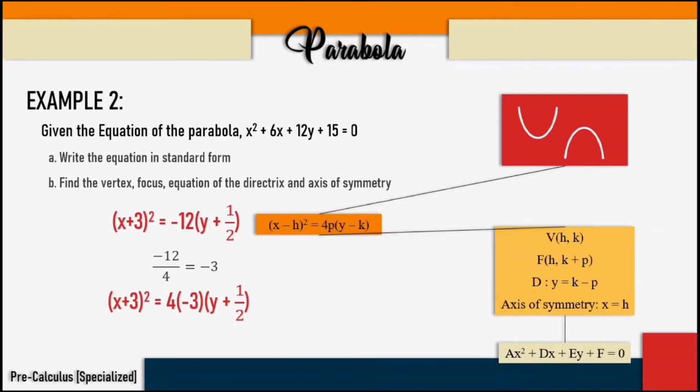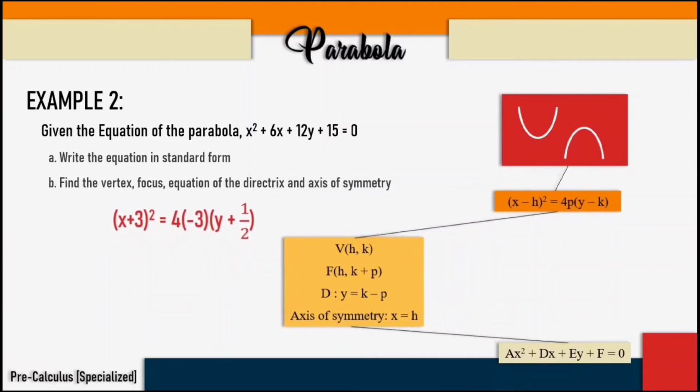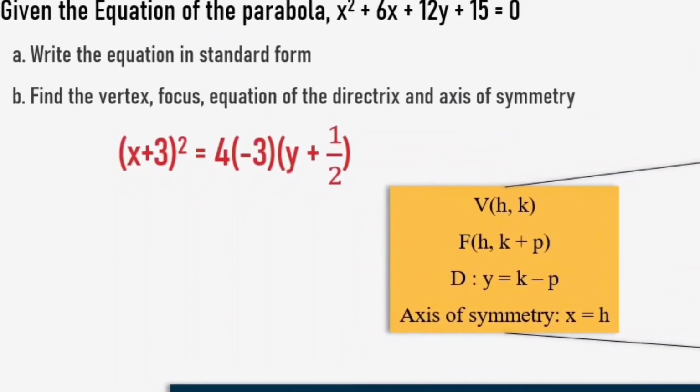For its properties, gagamitin natin yung mga formula na to. So, for the vertex, of course, parang sa center ng circle, di ba kasama ni x ay si h, at yung y naman si k. Since sa standard equation ay positive 3 and positive 1 half, inverse natin ang sign nila, we get negative 3 and negative 1 half.